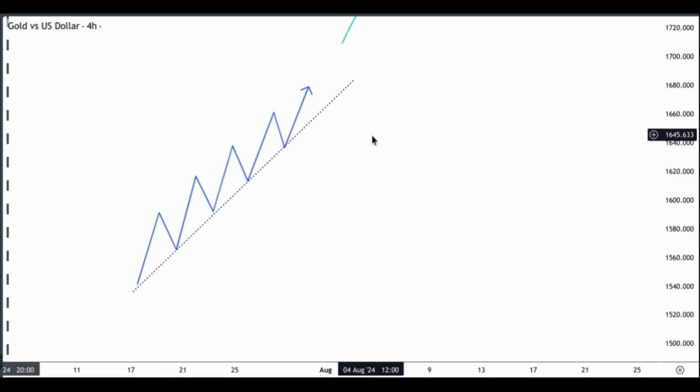These are simple yet powerful tools where you draw trend lines by connecting swing lows for an uptrend. You connect swing lows to the next swing lows, to the next, or for a downtrend, you can connect swing highs.